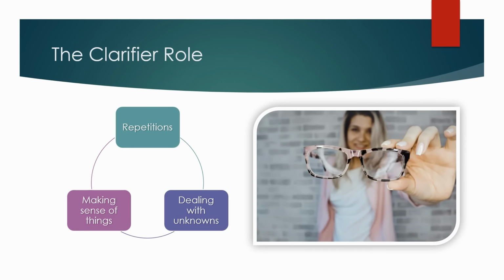So the clarifier role is intervening when you need to facilitate understanding, when you're really trying to figure out what it is that's being said in order for you to interpret it accurately and completely. That can be in the form of these, again, third-person interjections, asking for a repetition. It can be just trying to make sense of something that was said that might be nonsensical, or even just dealing with unknowns. So if an unknown term or concept comes up, or you don't understand an idiomatic expression.